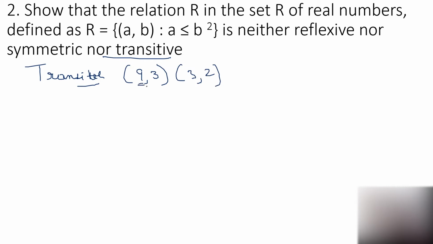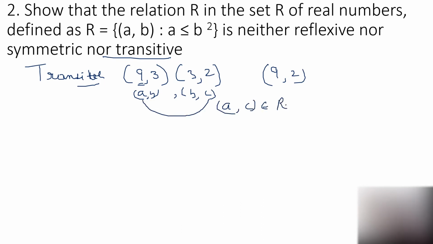If (a, b) belongs to R and (b, c) belongs to the same relation, we need to show that (a, c) does not belong to R. It means we have to think of an example where the square of the second number is less than the first number.